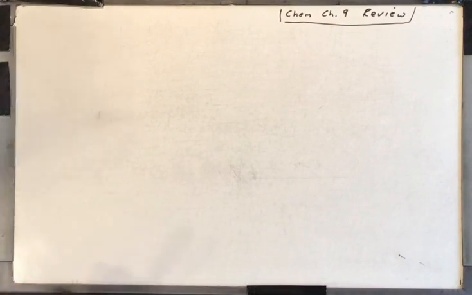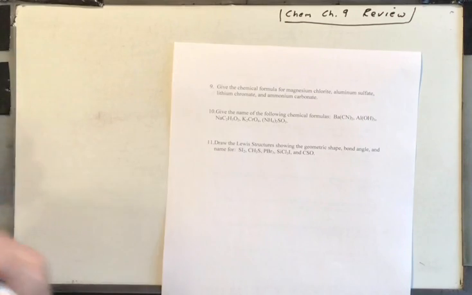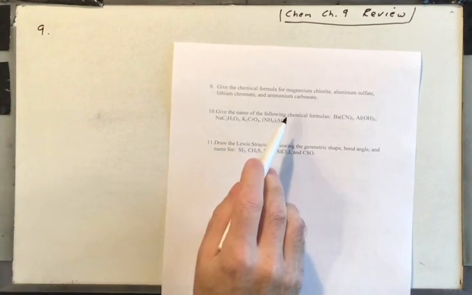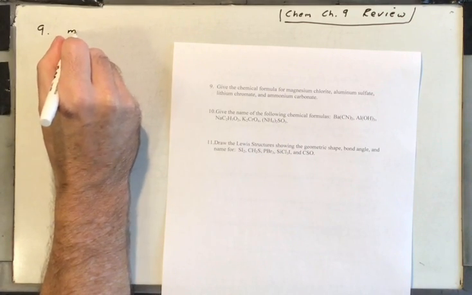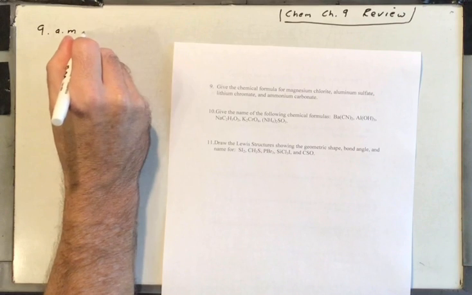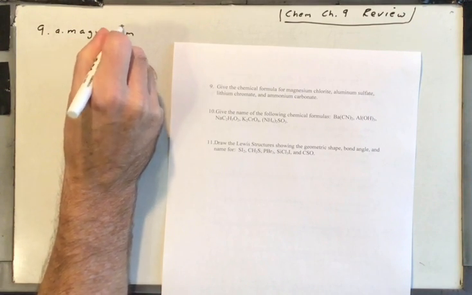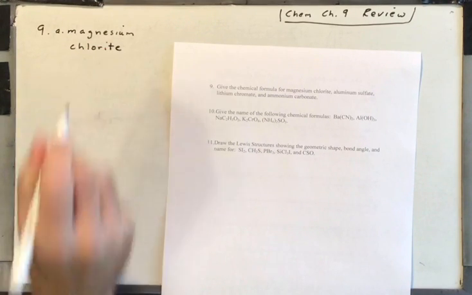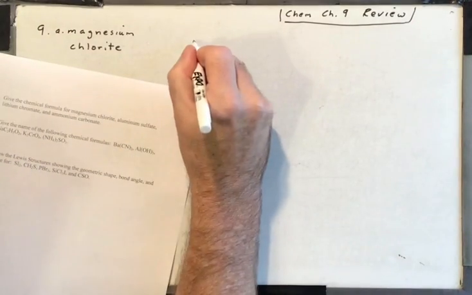I have made a printout with larger fonts so you can see it. Number 9, the first one says, give the chemical formula for magnesium chlorite. We'll call this A, magnesium chlorite. Then aluminum sulfate.